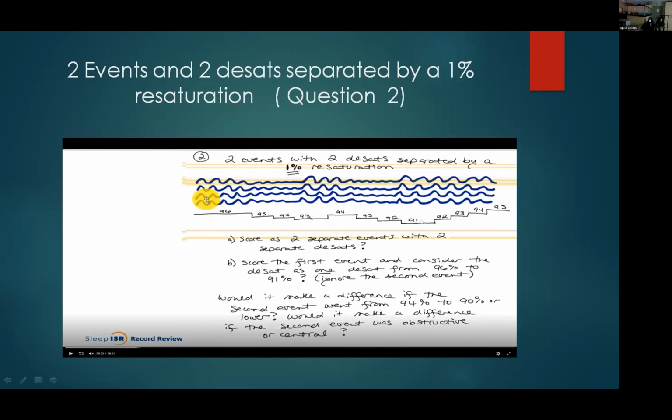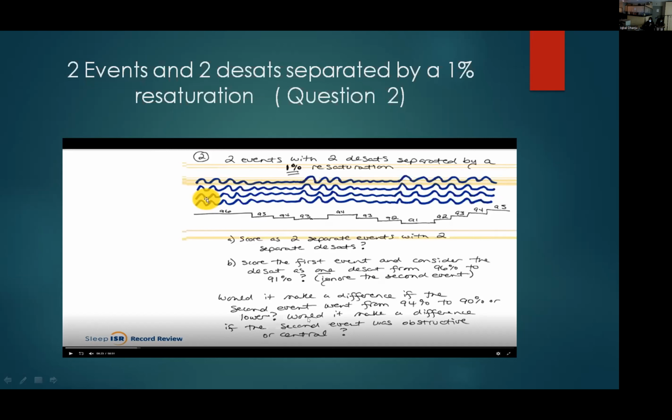Again desaturation, 3% desaturation to 91. So score as 2 separate events with 2 separate desats, or score the first event and consider the desat as one desat from 96 to 91. Ignore the second event.